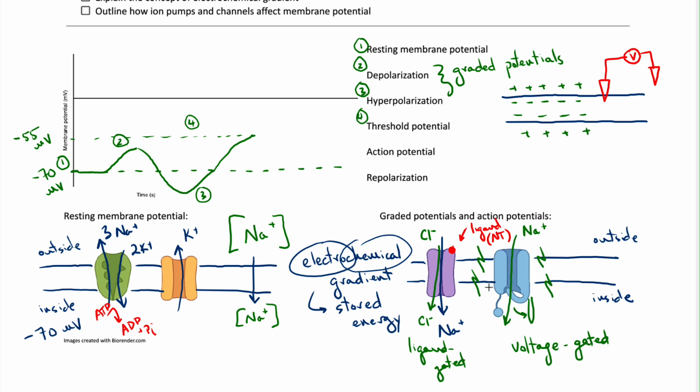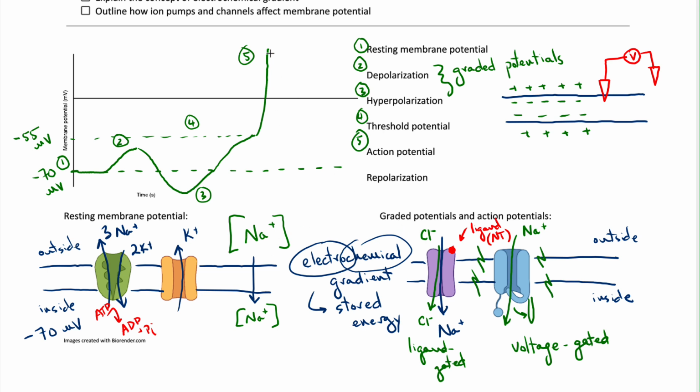That runaway positive feedback cycle causes more and more sodium to enter the neuron, causes a greater and greater spike in positivity, and that's called the action potential, and shown on the oscilloscope here as this big positive spike. We're going to look in the next lesson in more detail at everything that's happening during the action potential. This one's just meant to provide an introduction to the terminology and to help you understand membrane potential.